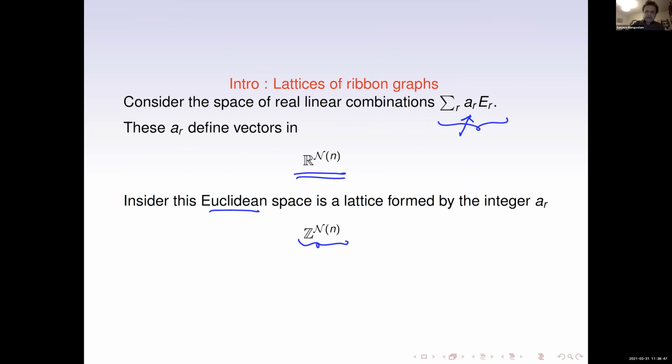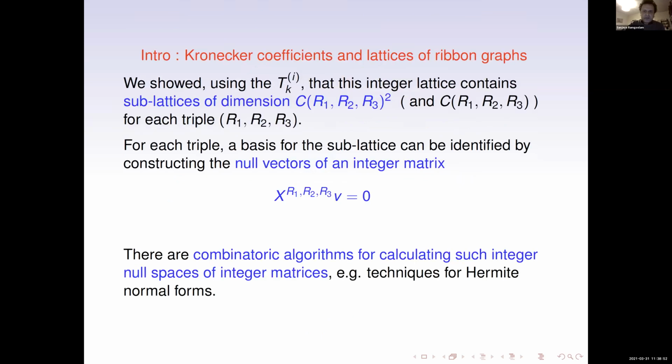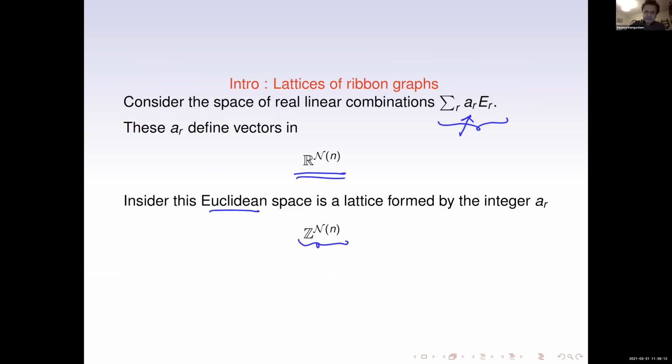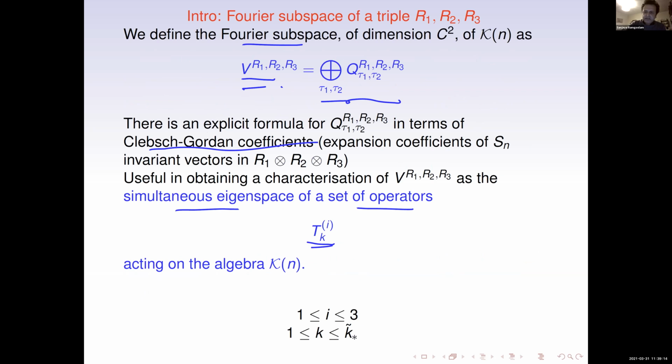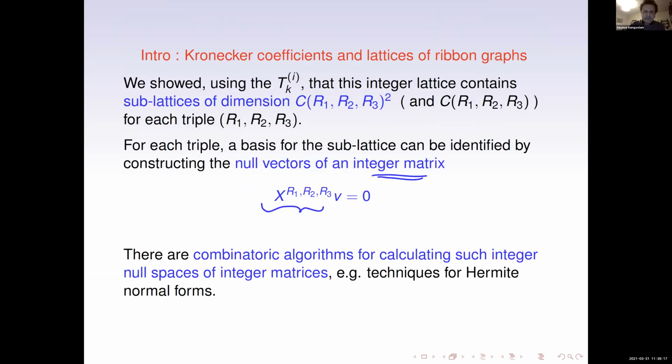These T_k^i that I will show you can be used to construct an integer matrix, and then the vectors in that subspace that I defined will be null vectors of that integer matrix.